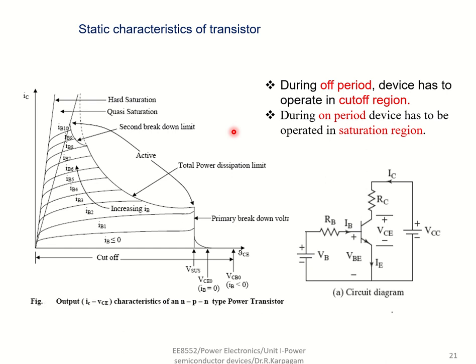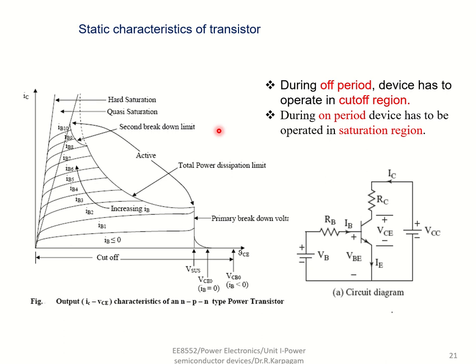If the device current is non-uniform over the entire section of the device, then there is a possibility of secondary breakdown voltage. The main reason for secondary breakdown is non-uniform current distribution, which leads to non-uniform power dissipation. The non-uniform heating causes the device to get damaged. So the main drawback of BJT is the problem of secondary breakdown voltage.